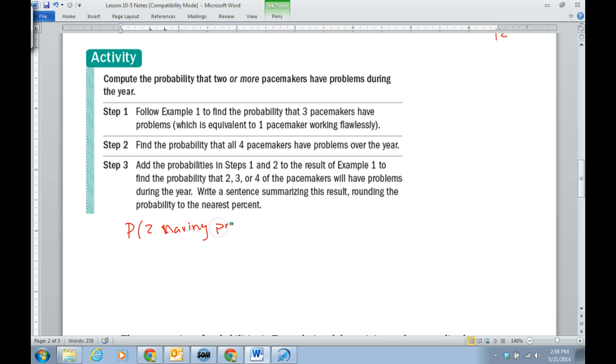We already did that one. But we also need to find the probability of 3 having the problem, and then 4 having the problem, and add them together. So that's what you do when you have something that says 2 or more.